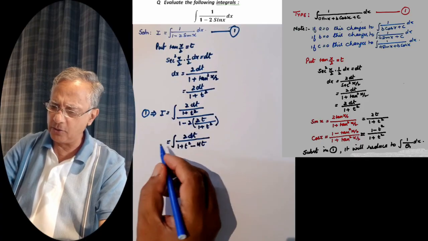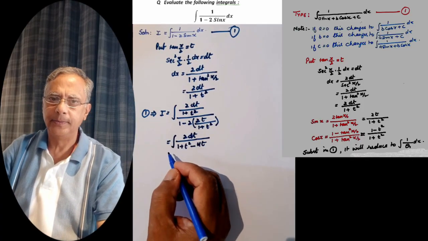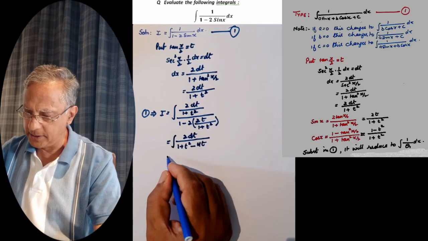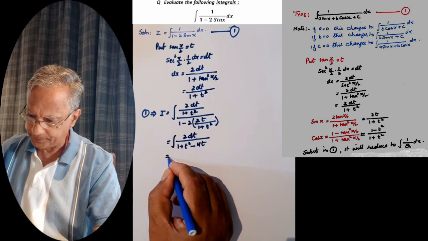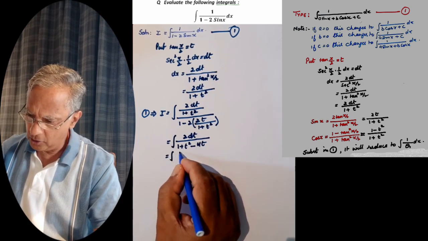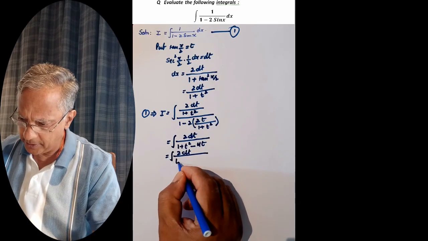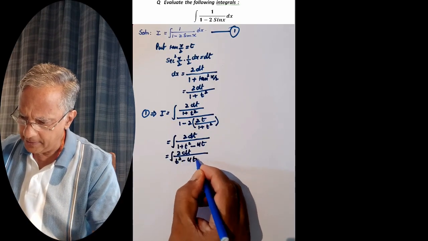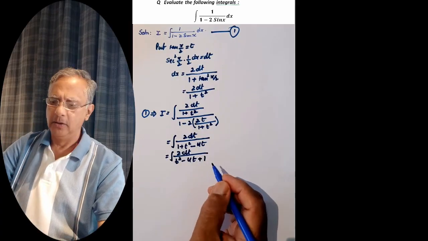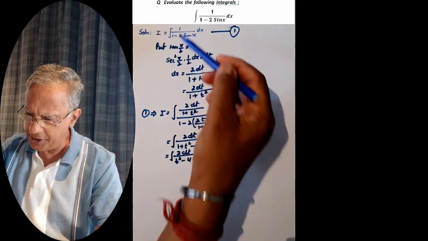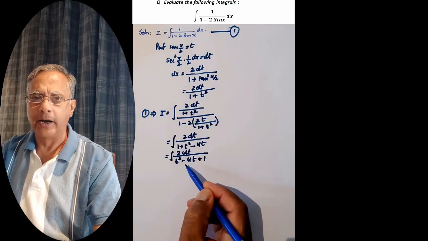So we get I is equal to this much. And this is equal to integral 2 dt over t square minus 4t plus 1.